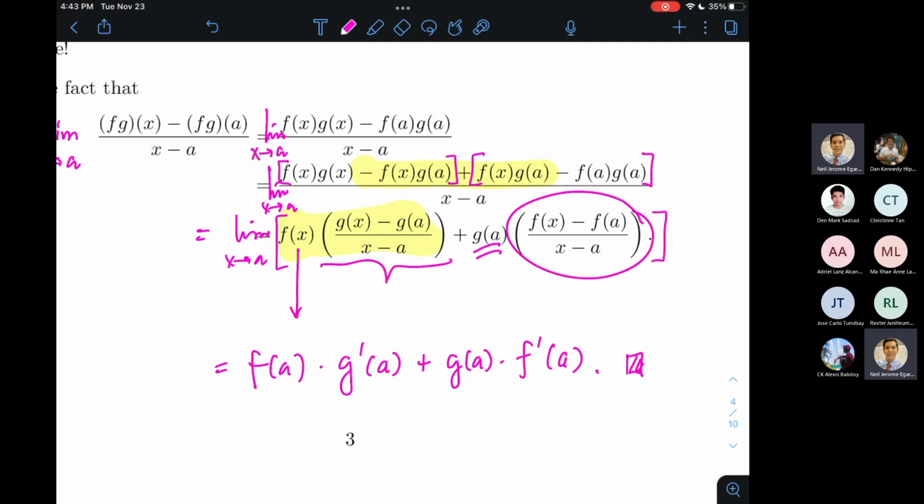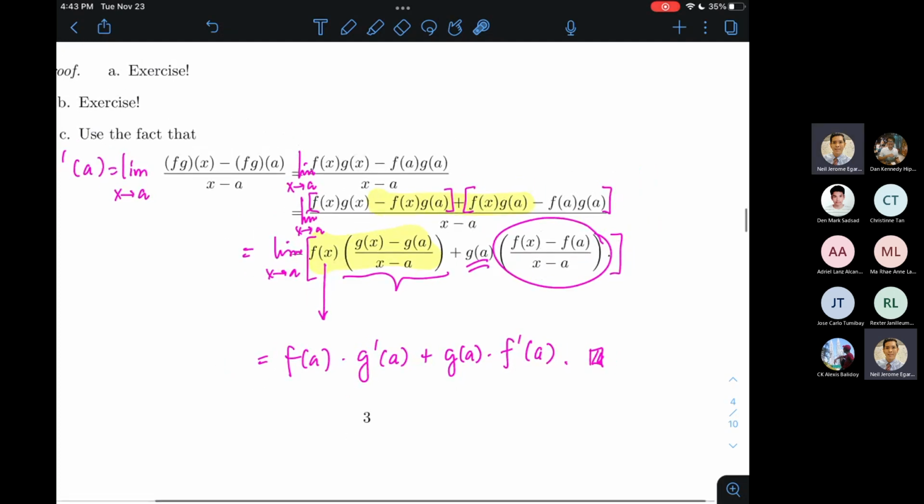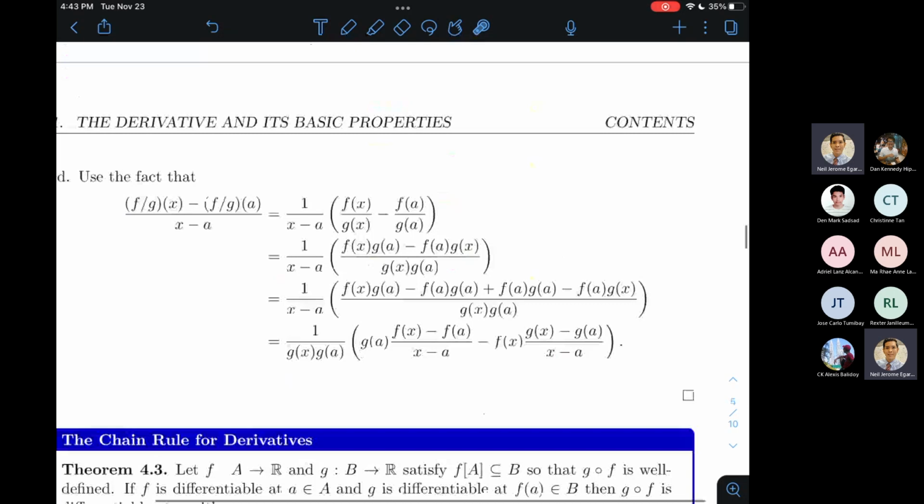So again, ang crucial point dito ay mag-introduce nitong number na to that simplifies to 0. Okay? Now for the quotient rule, may similar trick din na gagamitin. You can go through the proof yourself. And yung trick ay ito. Nagdagdag siya neto.